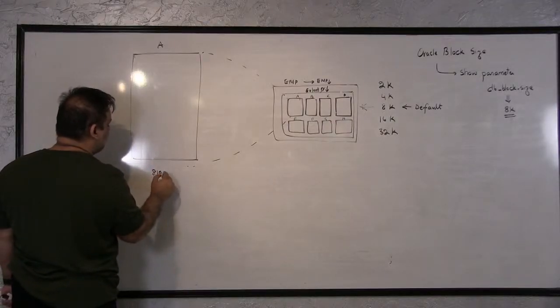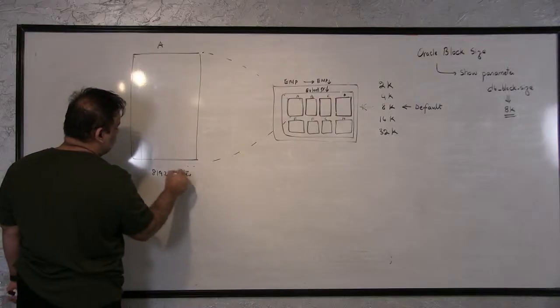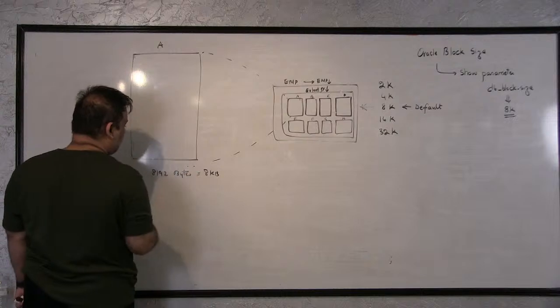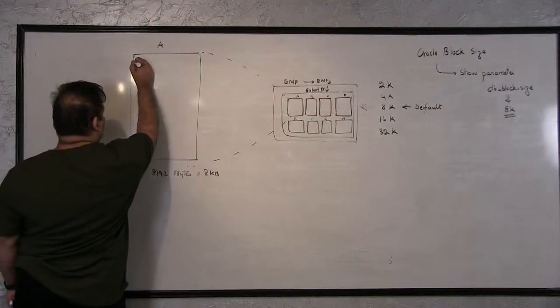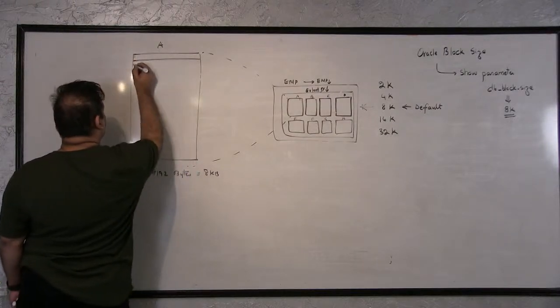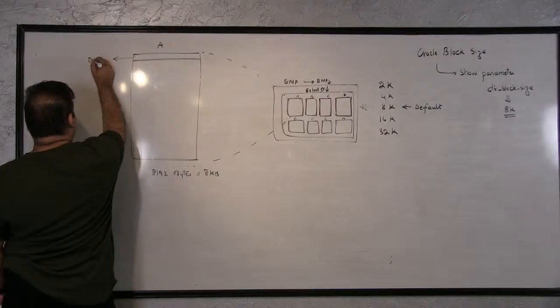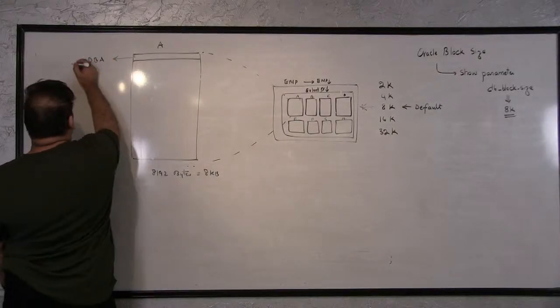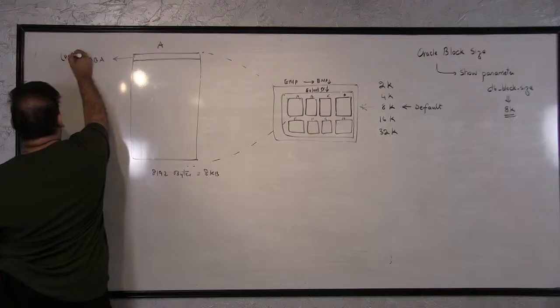Total is 8192 bytes, which is equal to 8 kilobytes. The first part of block A is something called DBA, data block address. In simple words, you can call this a block header.